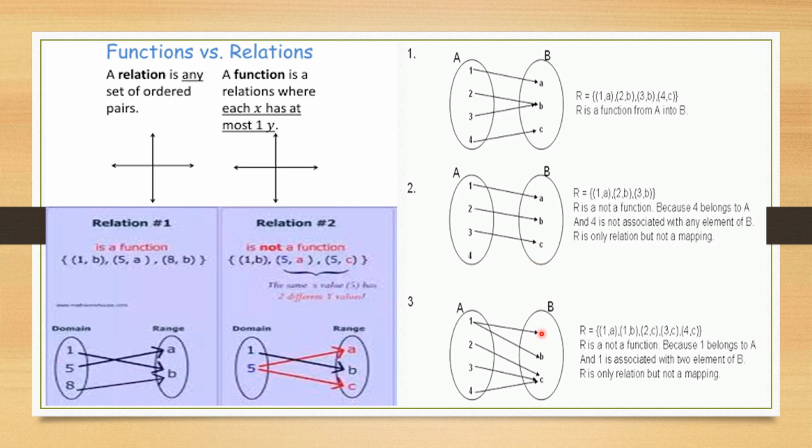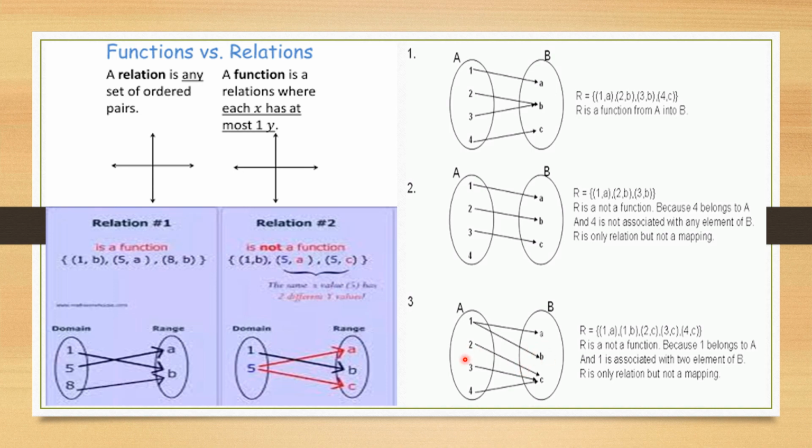For this third case, the relation is (1,a), (1,b), (2,c), (3,c) and (4,c). Here also R is not a function. Why? We have the ordered pairs (2,c), (3,c), (4,c), and 1 is associated with two elements, 1 to a and 1 to b.